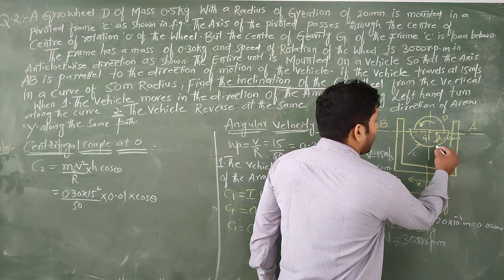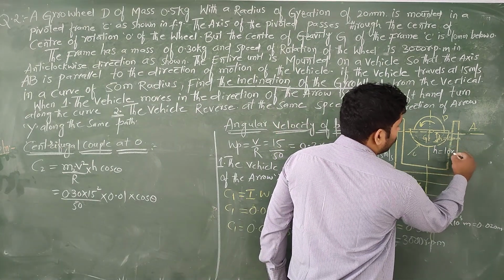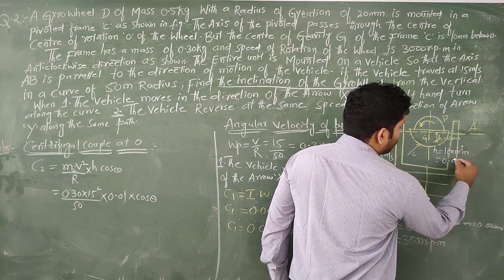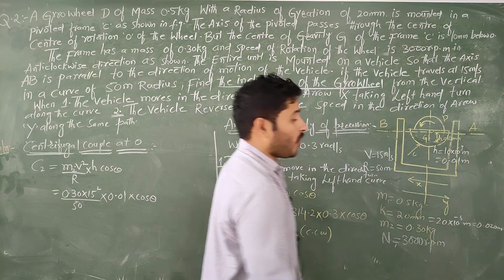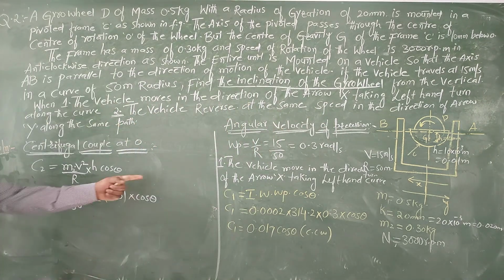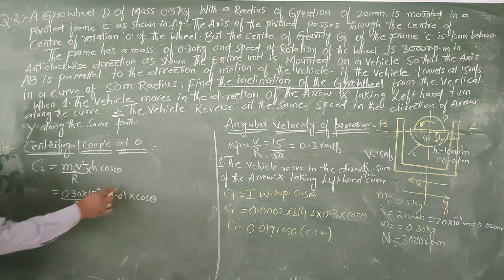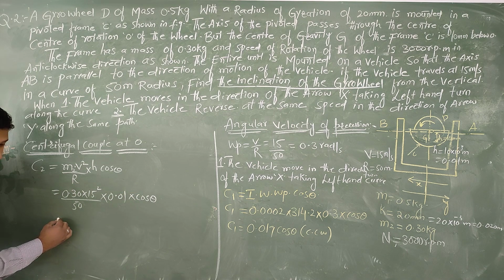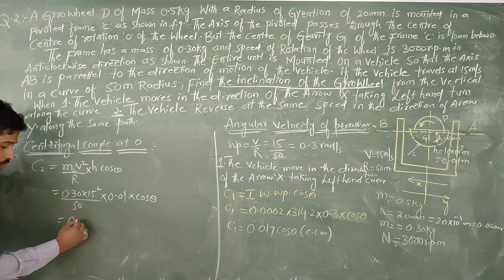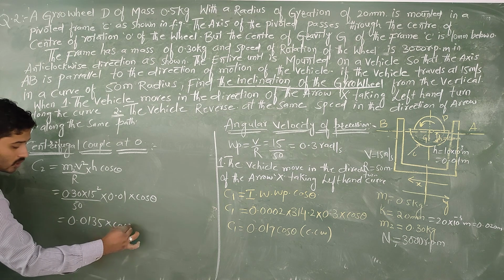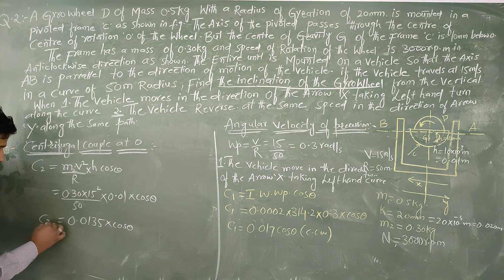If you convert, h is equal to 10 into 10 power of minus 3 meter, so it should be 0.01 meter. That is the value of h. For that reason I put 0.01 meter, into cos theta. If you divide with the help of a calculator, you will get the answer 0.0135 into cos theta. That is the value of C2.